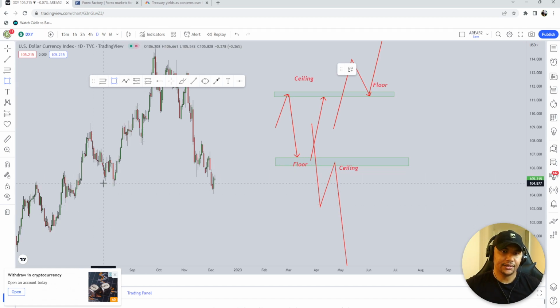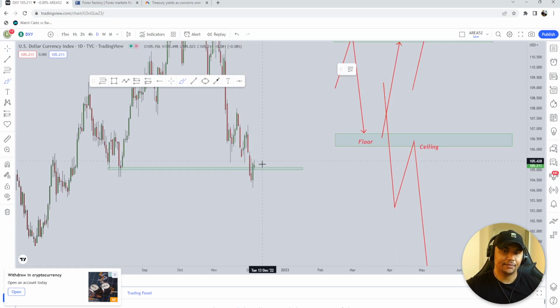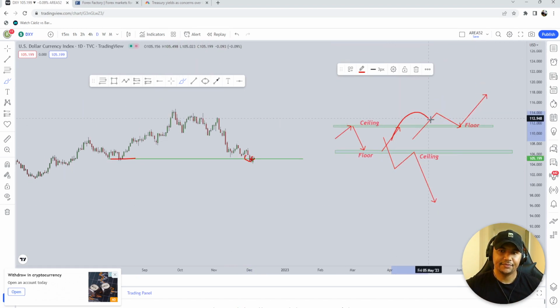If you look at the technical aspect of the dollar index, you will know that the dollar index had broken below a strong level of support. That support got broken and became resistance.